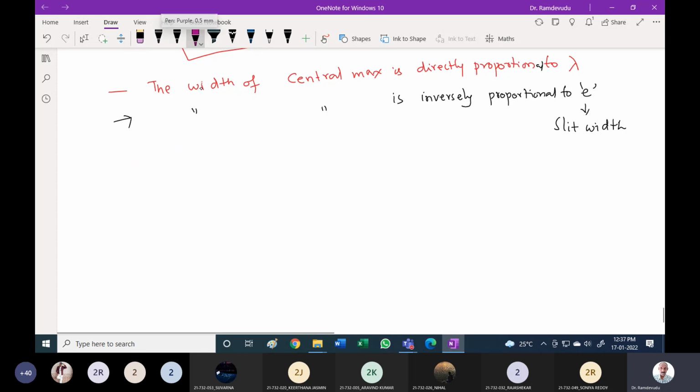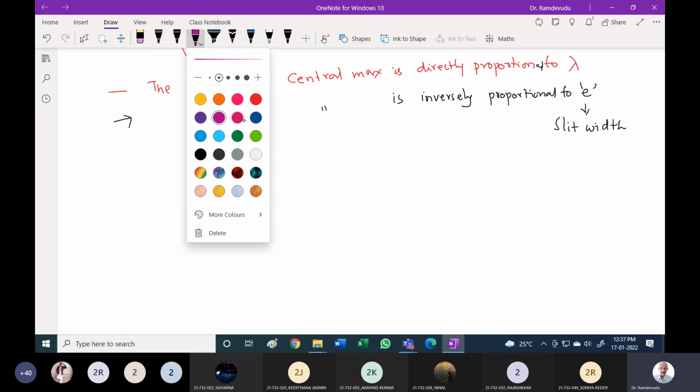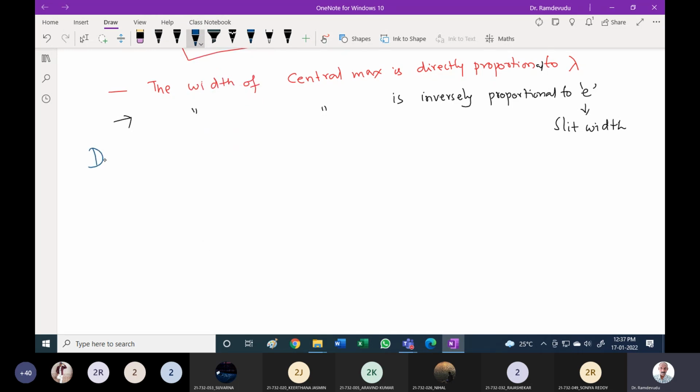So I am writing the heading again: diffraction due to double slit. You have already done this double slit in interference as Young's double slit experiment.